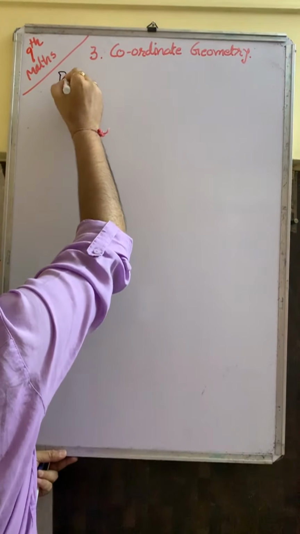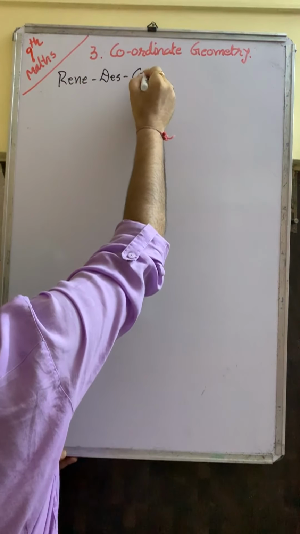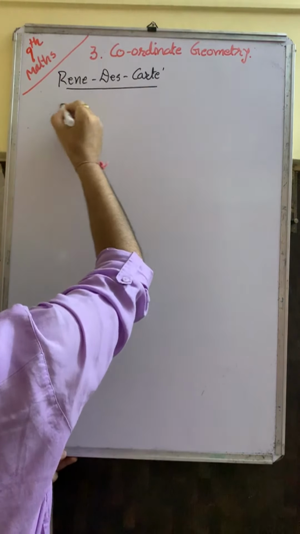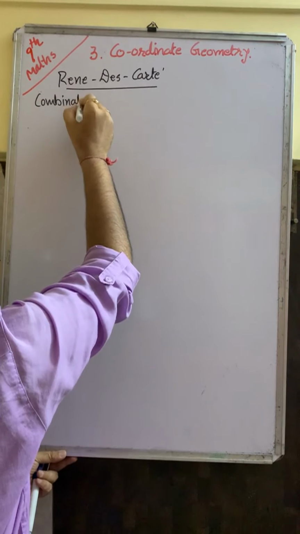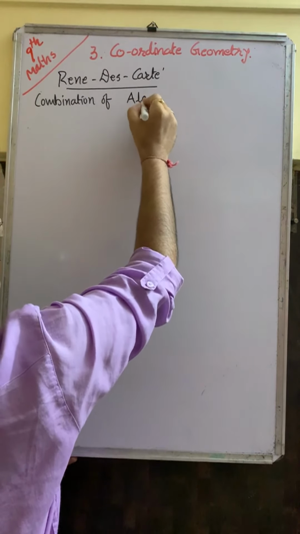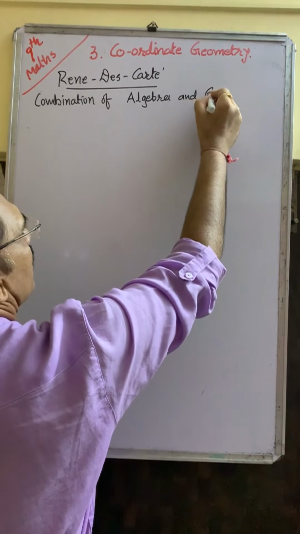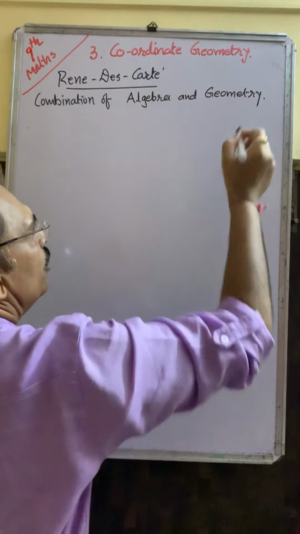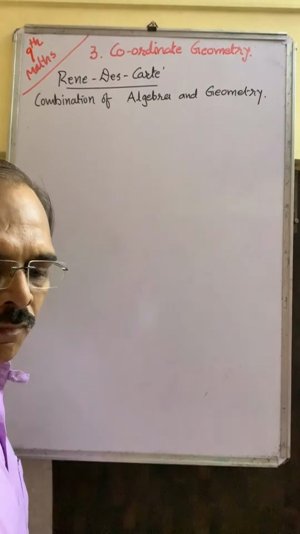So Rene Descartes derived this coordinate geometry, which is called a combination of algebra and geometry. So a new branch of maths will start from this coordinate geometry.